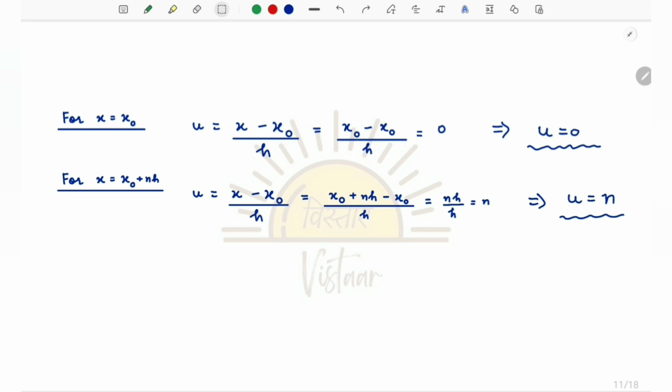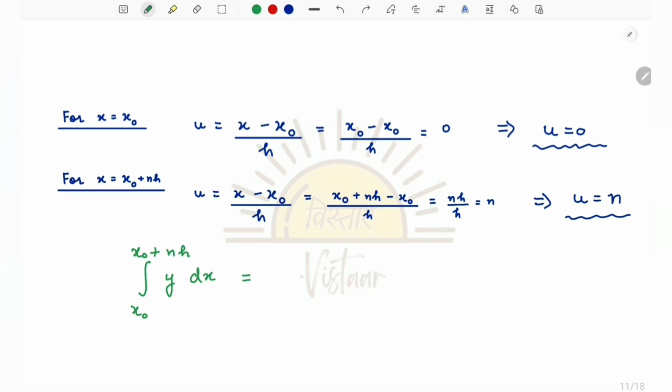So now we have to integrate from the lower limit u is equal to 0 to the upper limit u is equal to n. Originally we had to integrate y with respect to x and the limits were x0 to x0 plus nh. So after conversion also we have to integrate y. We have already calculated that dx is equal to h times du.